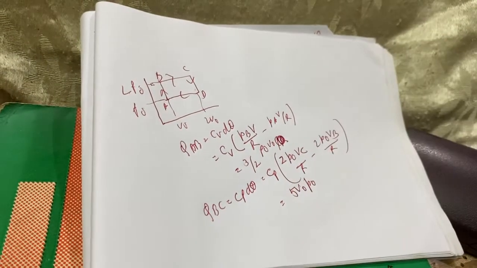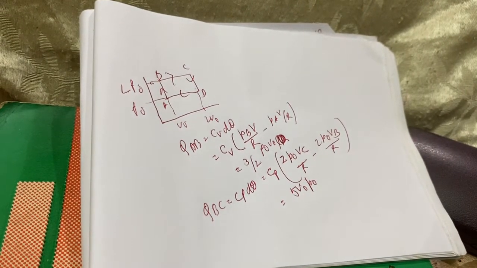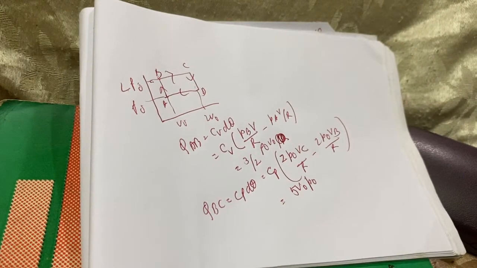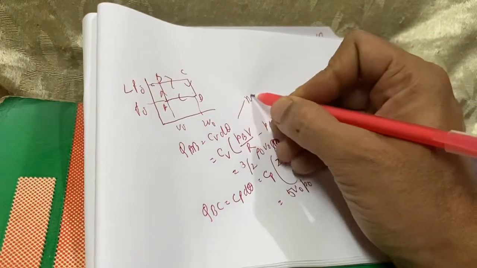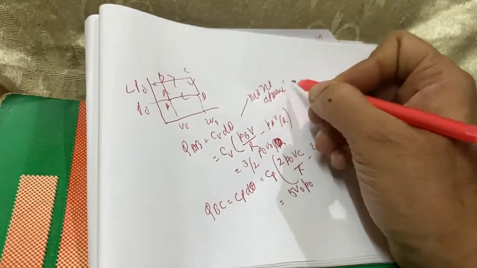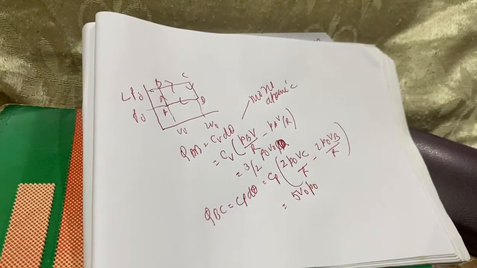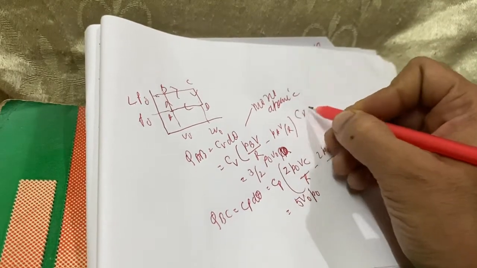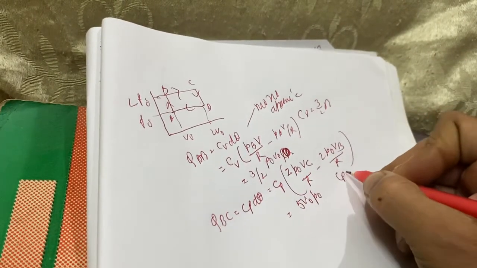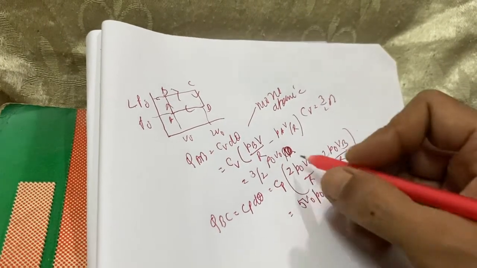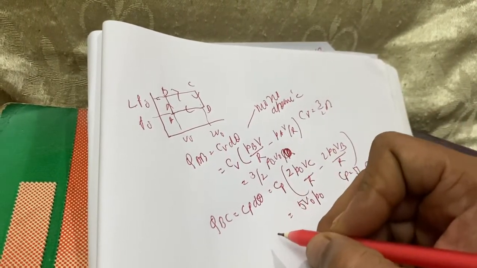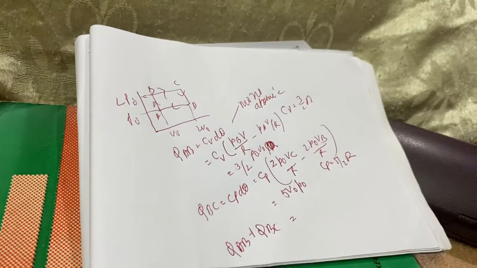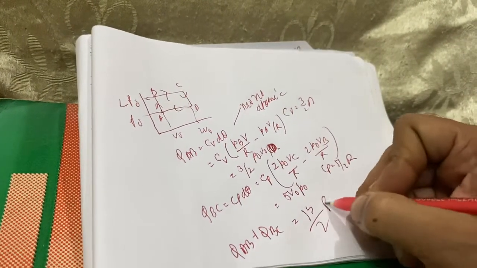This is not R, because the experiment is performed for monoatomic gas. So Cv is equal to 3 by 2 R, and Cp is equal to 5 by 2 R. So R should cancel, so it is 3 by 2 P0 V0 plus 5 P0 V0. So total QAB plus QBC is equal to 13 by 2 P0 V0.